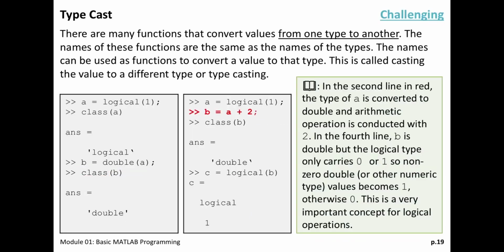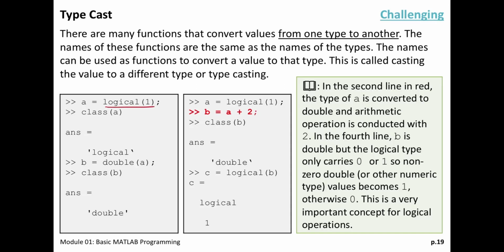Okay, so this is one of the confusing topics in this module. There are many functions that convert the value from one type to another. The name of this function are the same as the name of the type. The name can be used as a function to convert a value to that type. That is called typecasting. For example, here A include the logical 1.